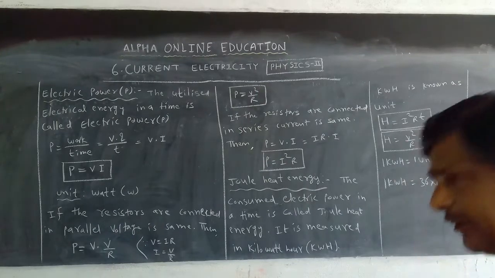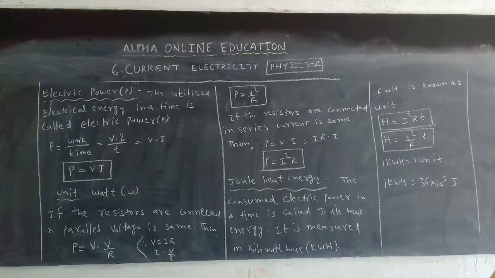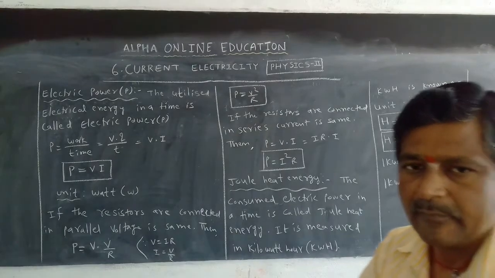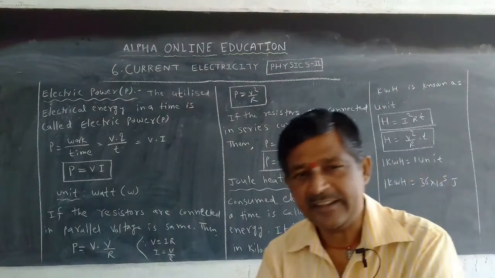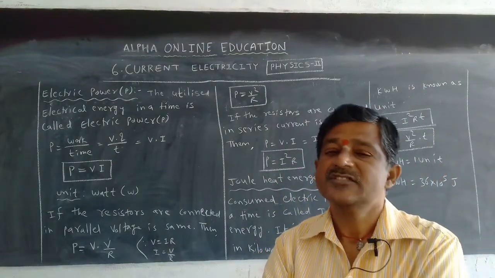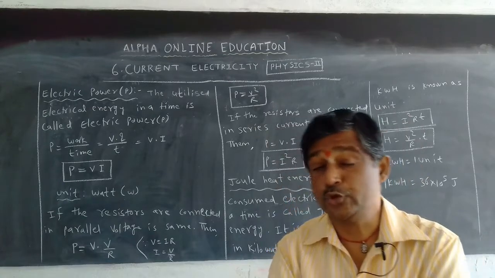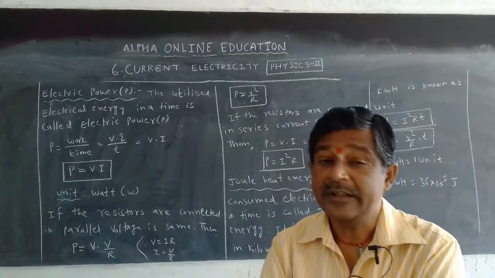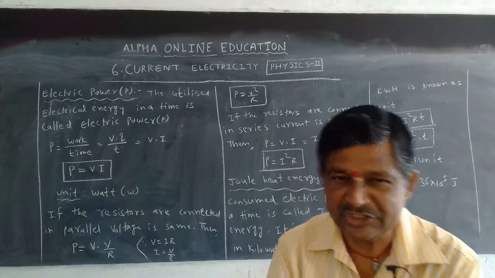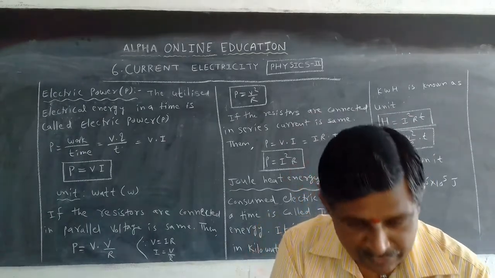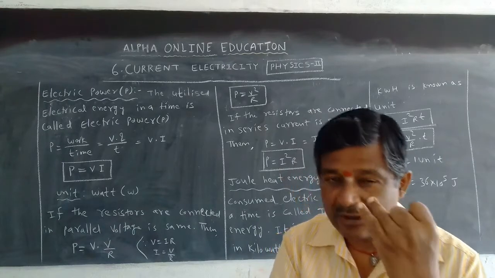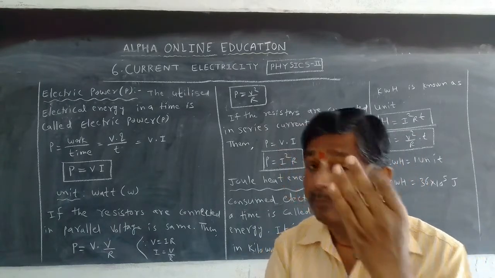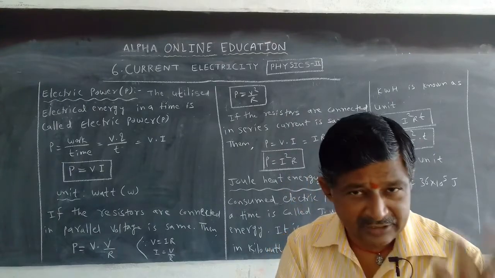In our houses, in your room, we use an electrical bulb. In that room, we use an electrical fan. Sometimes we use one or two tubes in your room. And especially in the kitchen, we have a refrigerator, the grinder point, tube light, bulb and electrical fan.